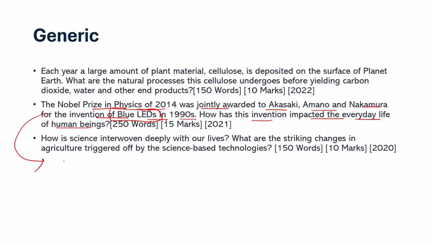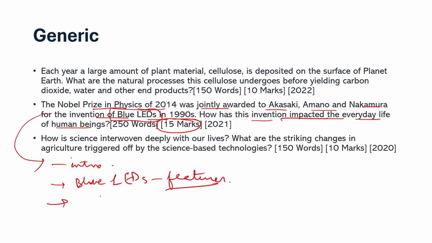So again you write the introduction, then you write features of blue LEDs, because notice that this is a 15 marker question, so you have to write something more. Rather than just how it is impacting everyday life, you also have to explain what blue LEDs are and their different features. Then you write about advantages of blue LEDs in everyday life, and then you can suitably conclude.